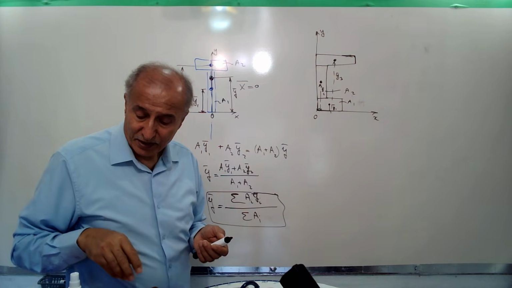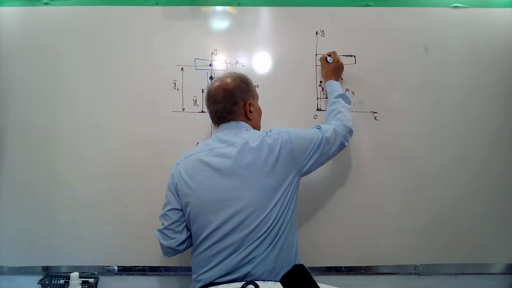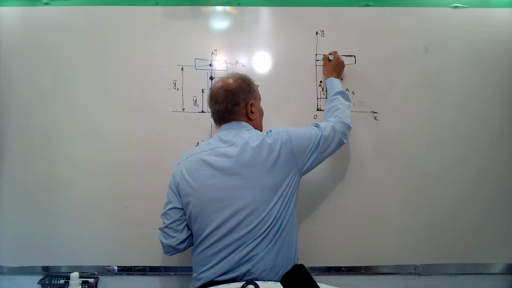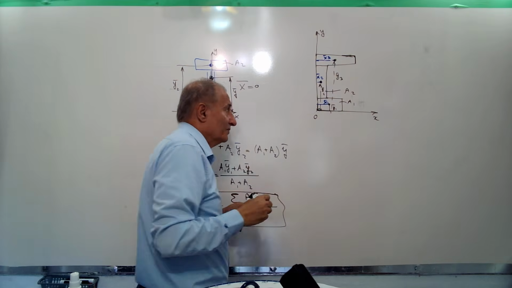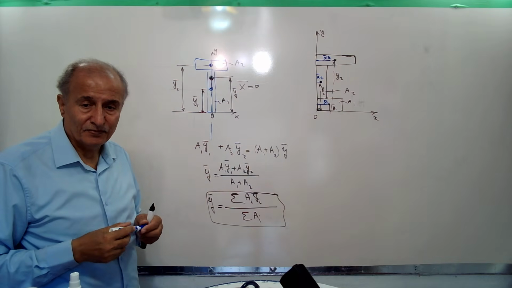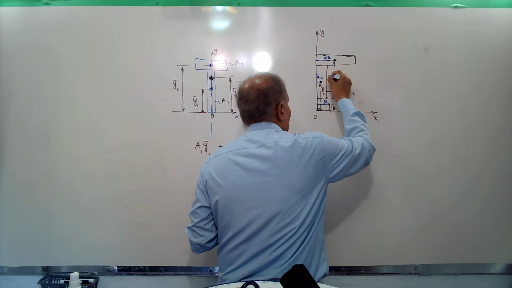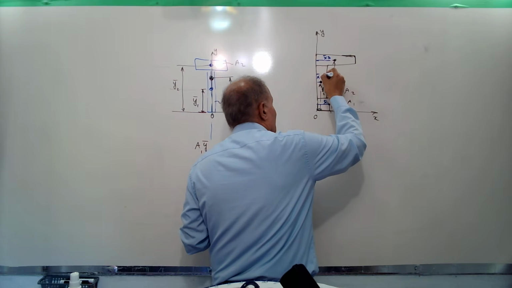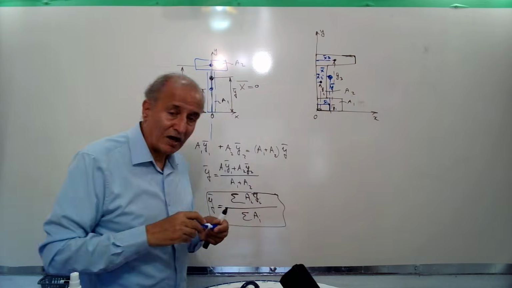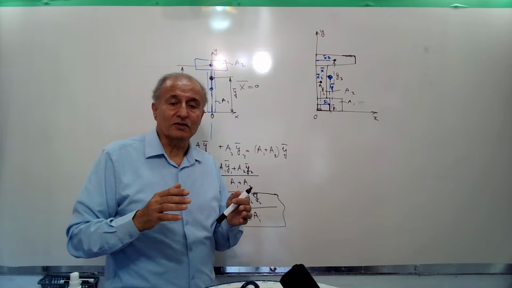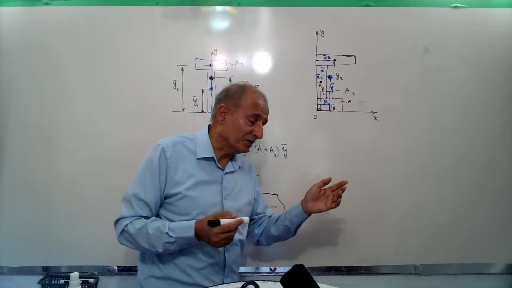And also for the x coordinate from the y-axis, this is x bar 3, this is x bar 2, this is x bar 1. And you want to find the centroid, whose coordinates, assume it is here, are called x bar and y bar. We have to calculate both of them because you must locate the centroid of the cross section to find the neutral axis of the beam under bending, for example.